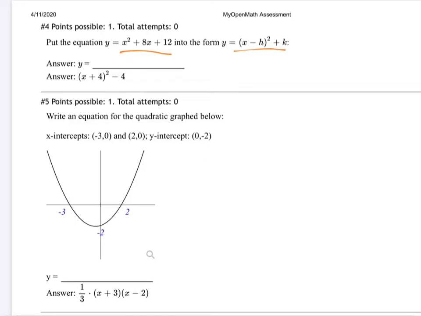So how do we do that? That's actually kind of tricky. So to make that happen, what we need to do, okay, this one can be a little tricky. So let's do this. Let me write it down here.